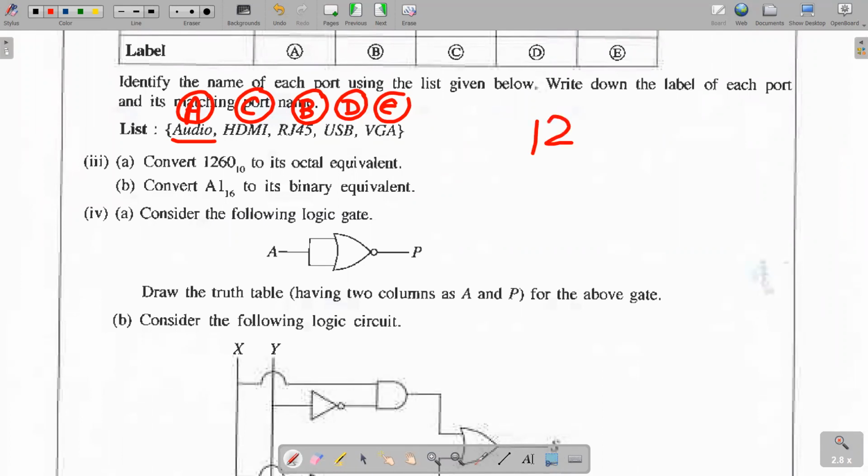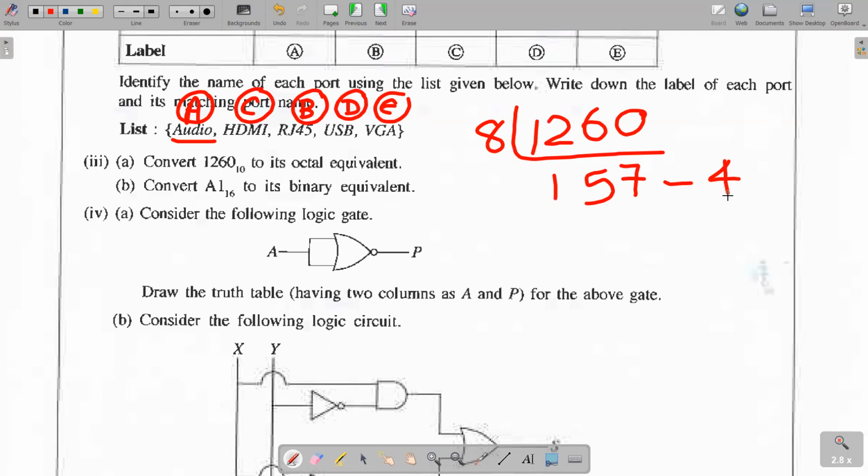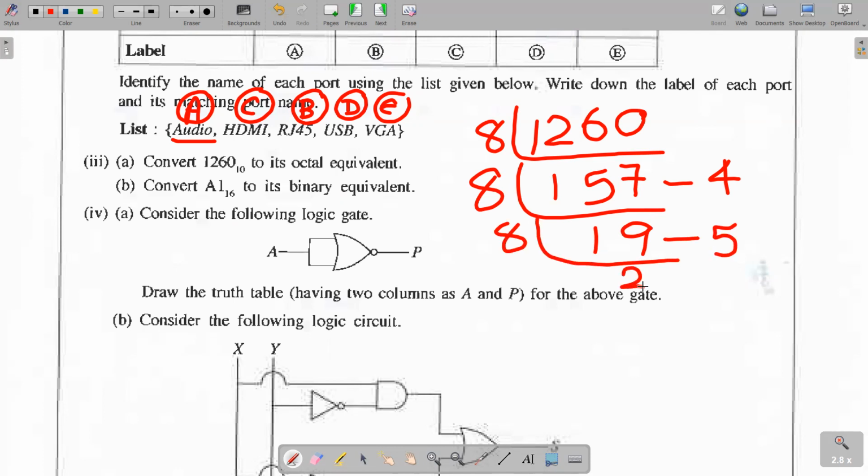So 1260 needs to be divided by 8. 8 times 157 is 1256, and 4 is remaining. 157 is divided by 8 again, and this is 19, with 5 remaining. This needs to be divided by 8 again, and this is 2, and 3 will be remaining. So it's 2354 in octal.